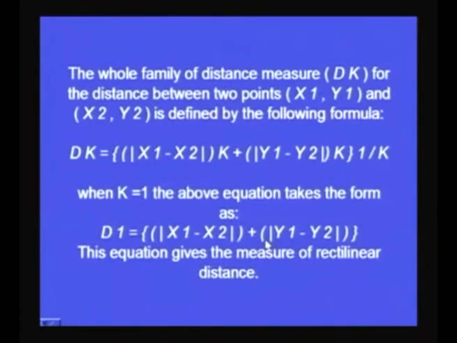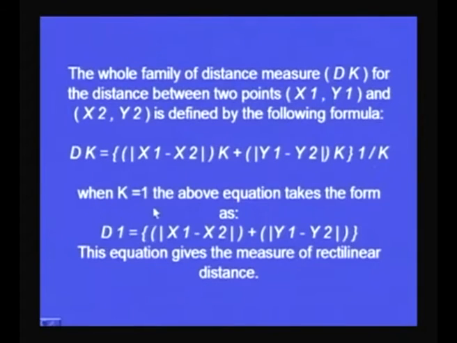The whole family of distance measures for the distance between 2 points x1, y1 and x2, y2 is defined by the following formula, which is on your screen. This is the whole family of distance measures, or we can say a generalized formula for distance measure between 2 points. It is given by (the absolute of x1 minus x2 raised to k plus the absolute of y1 minus y2 raised to k), the whole raised to the power 1 by k.